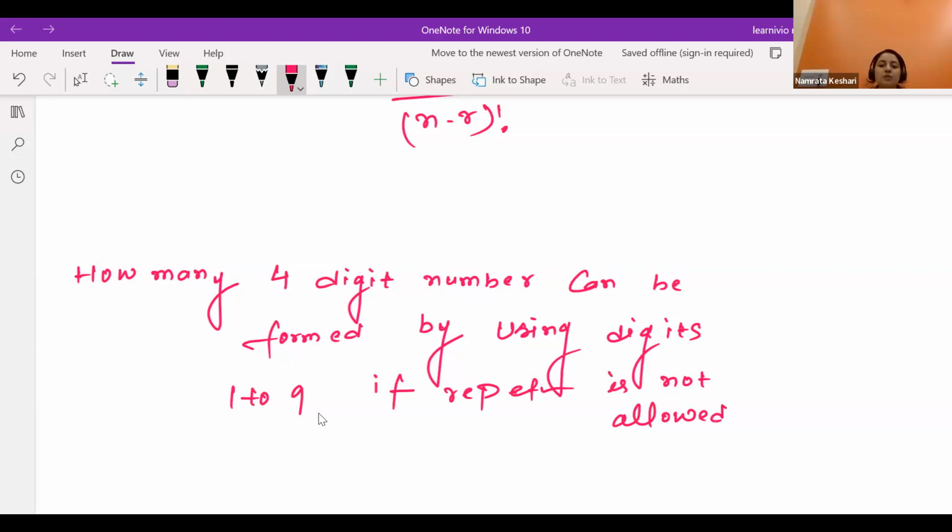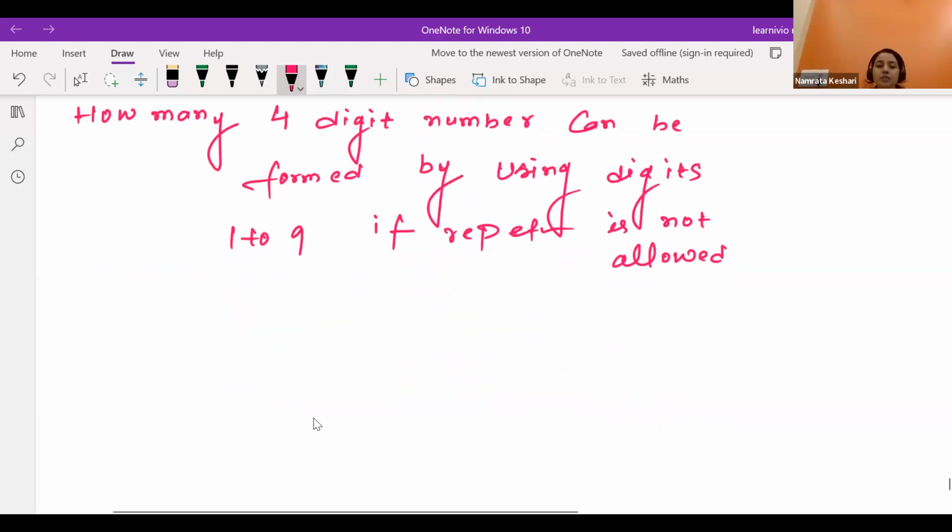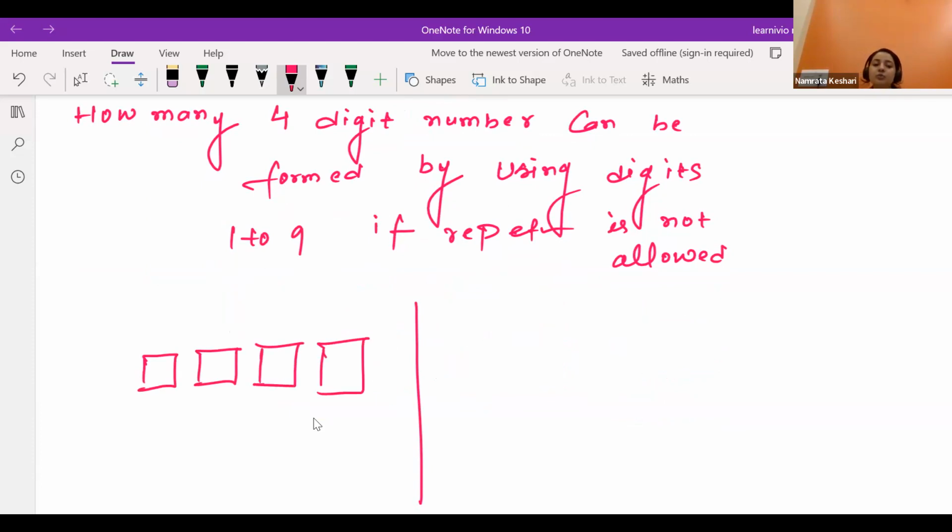We can solve this question by the space filling multiplication principle or by permutation. Both will work. We want to create a four-digit number by using the digits 1 to 9.